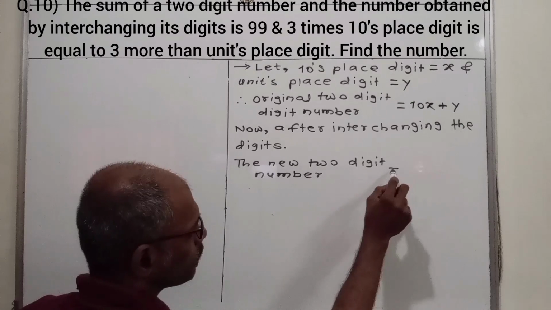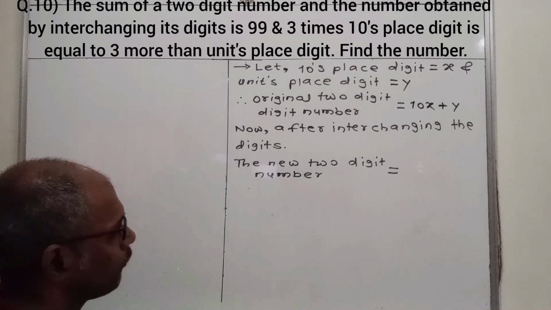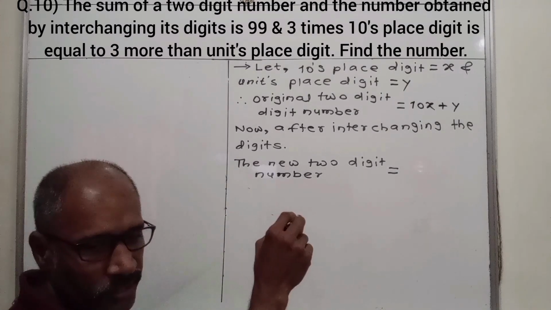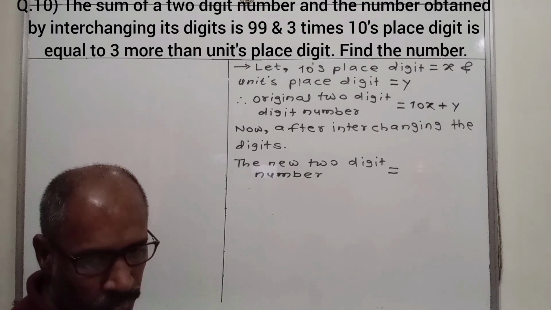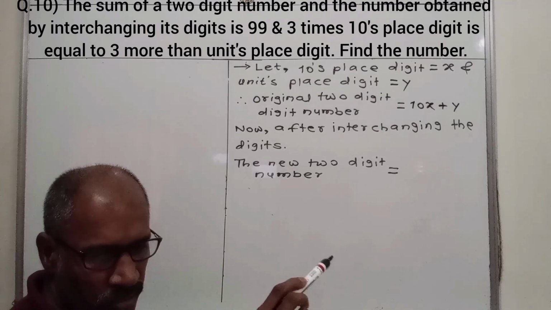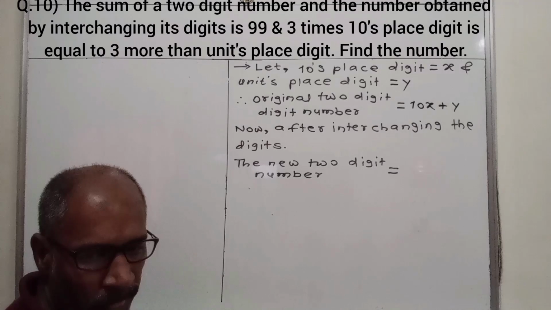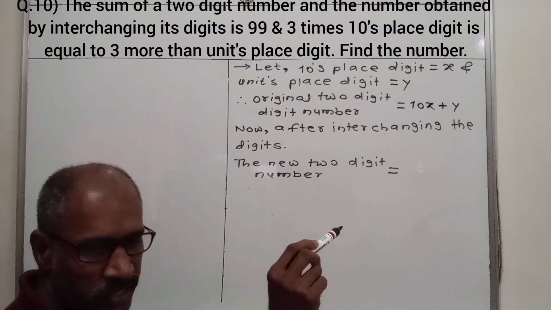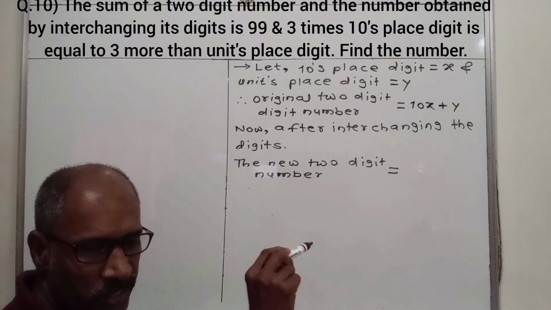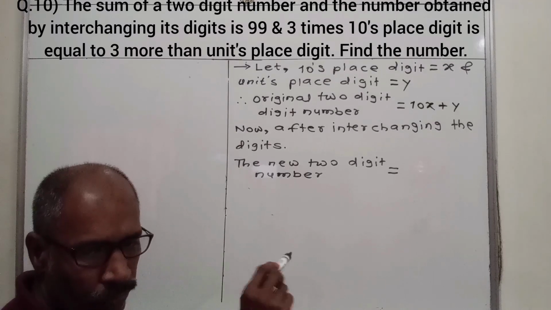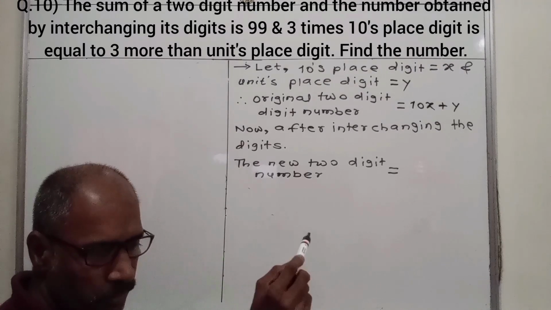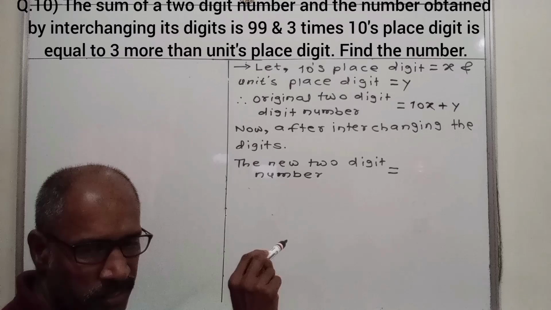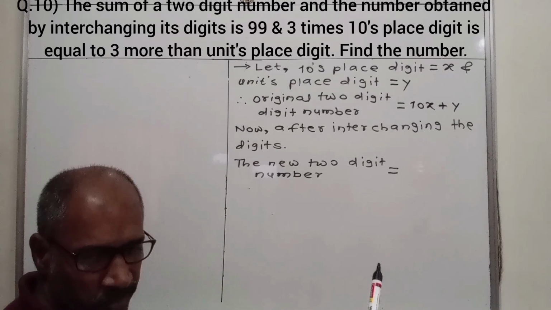Now after interchanging the digits means, see here, suppose the number is 45, then units place 5, tens place 4. Now we interchange, means 5 becomes tens place and 4 becomes units place, means 54.